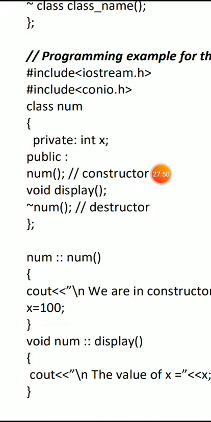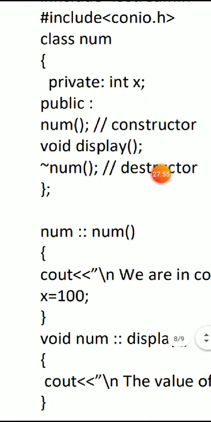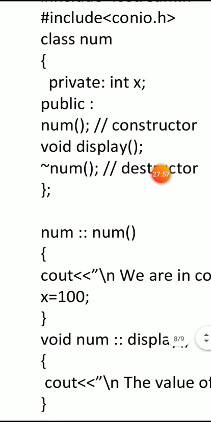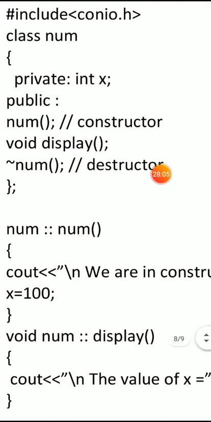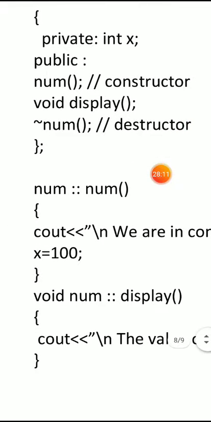The constructor can be defined outside the class by using the scope resolution operator, and because the constructor doesn't have any return type, there is no return type, but the class name is there. The class name is num, then the scope resolution operator, then the name of the constructor, num with a pair of parentheses. x is a private data member, and we can initialize that private data member with the value 100.